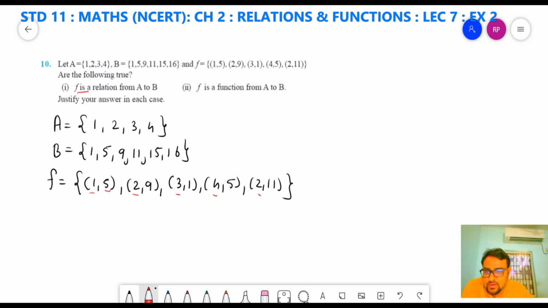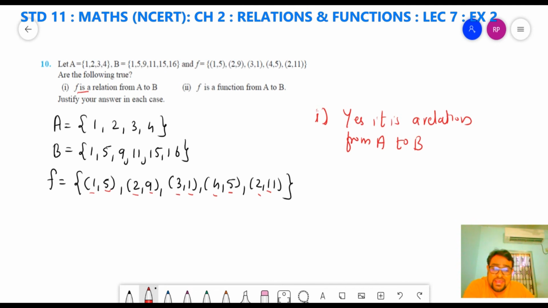So yes, 5 belongs to B, 9 belongs to B, 1 belongs to B, 5 belongs to B, and 11 belongs to B, right? So yes, in the first case we will say yes, it is a relation from A to B.